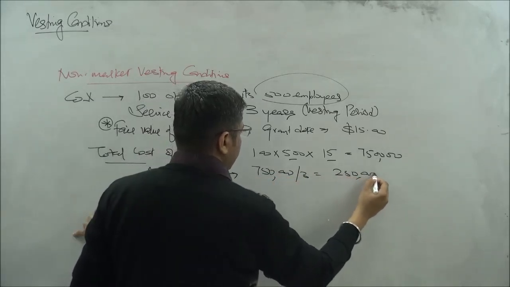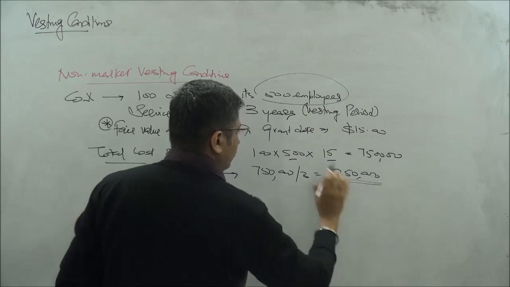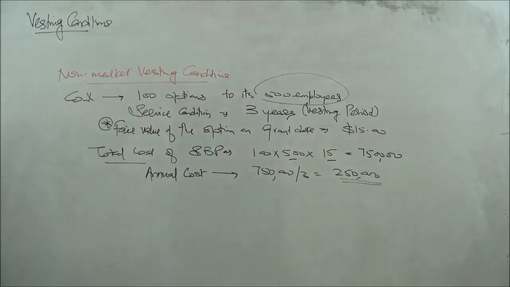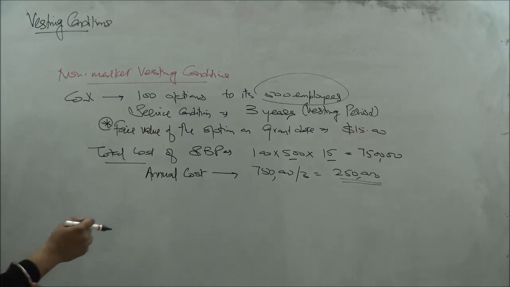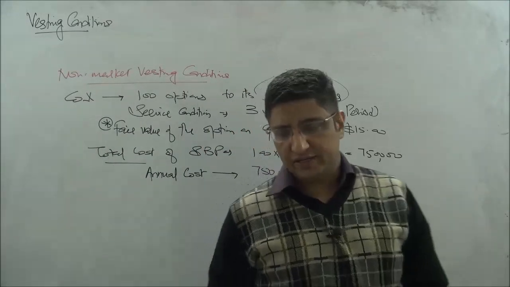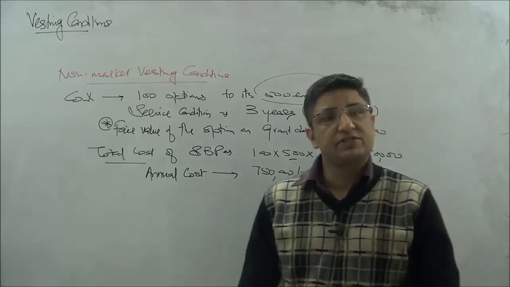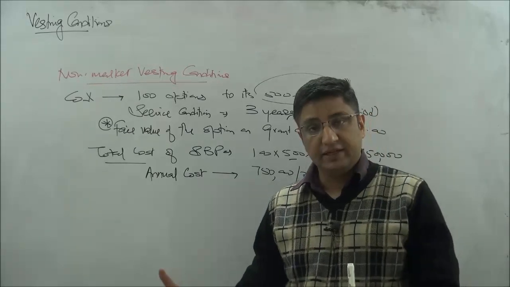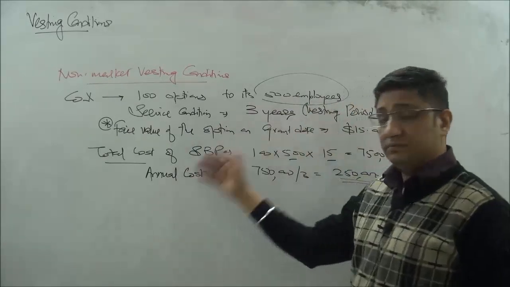That should ideally come to 250,000. Okay, but it does not really happen in real life that people stay with the organization unless there is a very strong reason to believe that they would for this vesting period.